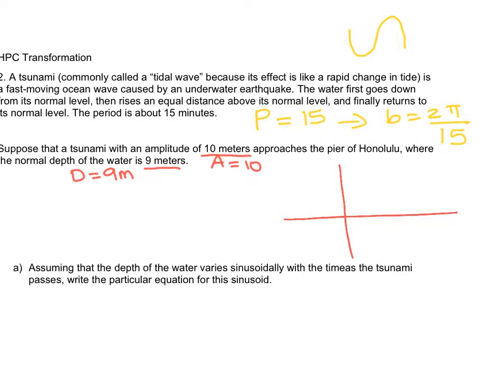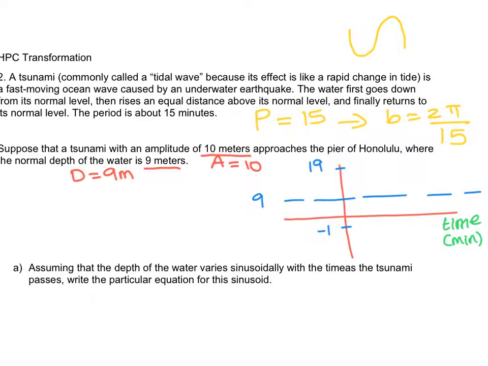Okay, so the D is going to be at 9, so let's say that that's 9. It goes all the way up 10, so 9 plus 10 is going to be 19. And then 9 minus 10, that's going to be -1. So the highest is going to be 19, and the lowest is going to be -1. Now the x-axis in this problem represents time, and time in this case is in minutes.